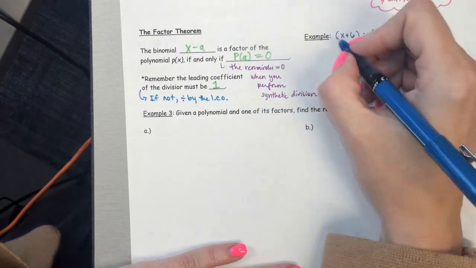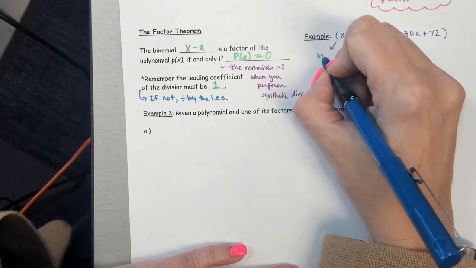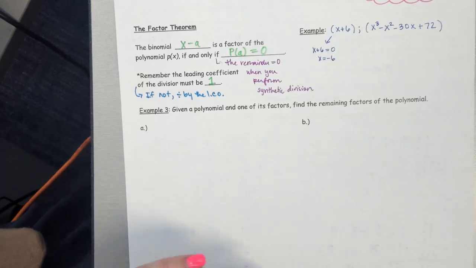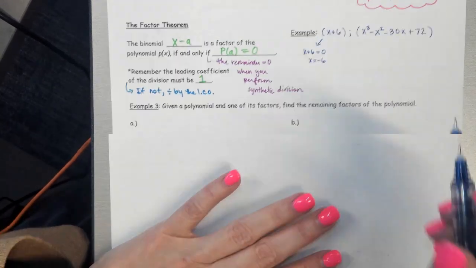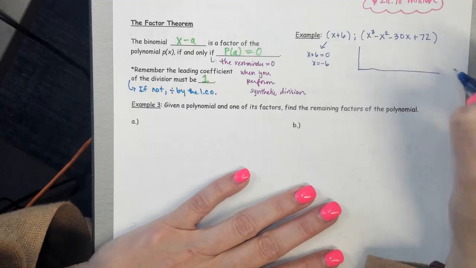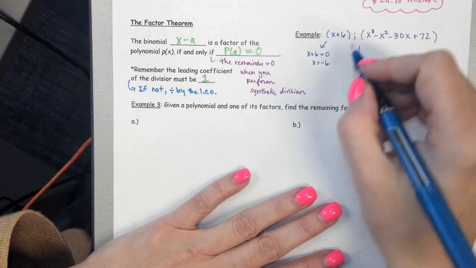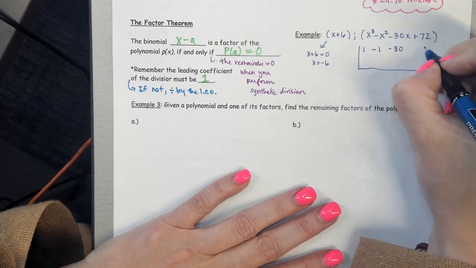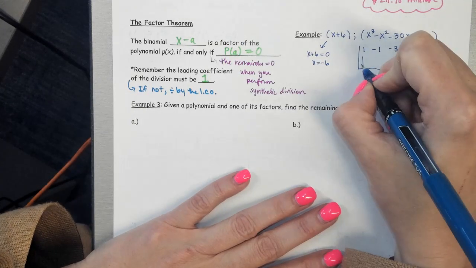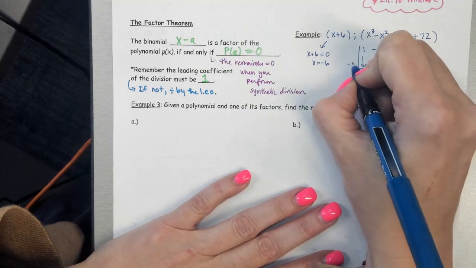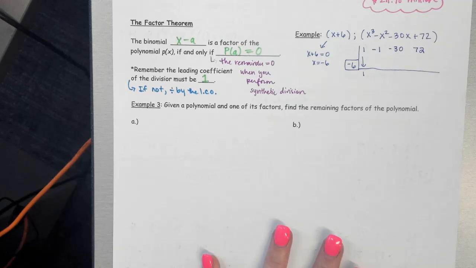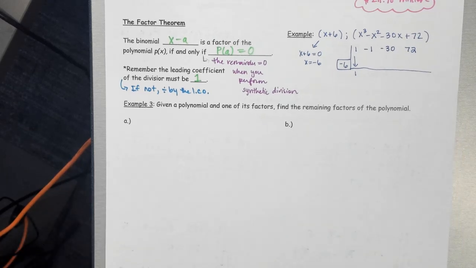So if we want to see if this is a factor, we set that equal to 0 to find what we're going to use in our synthetic division. We're going to line up the coefficients. So 1, -1, -30, 72, and then -6 is going to go on the outside. Okay, I'm going to give you a moment to do that synthetic division.